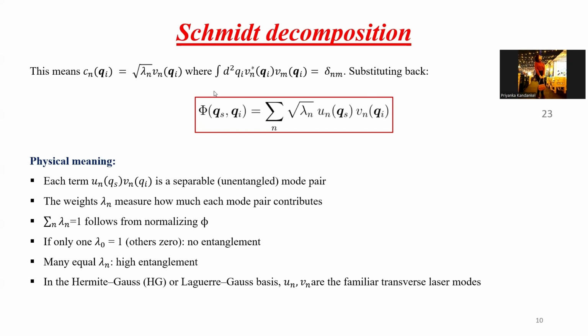And equation 13 is the two photon amplitude, written in separable terms of un and vn. The weight lambda n tells you how much each mode pair contributes. If lambda 0 equals 1, then no entanglement occurs. And if many lambda n are equal, meaning many modes contribute, then the entanglement is very strong.